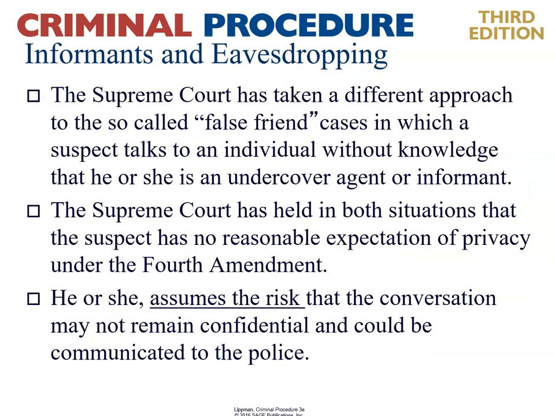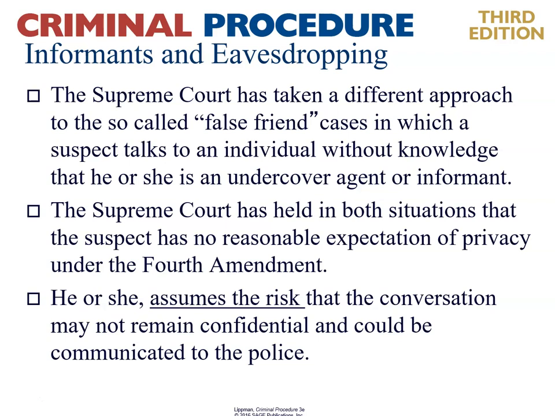So a couple of interesting scenarios, okay? In these two scenarios, the Supreme Court has taken a different approach to what we call the false friend cases, in which a suspect might talk to somebody without knowledge that he or she is an undercover officer or an informant.